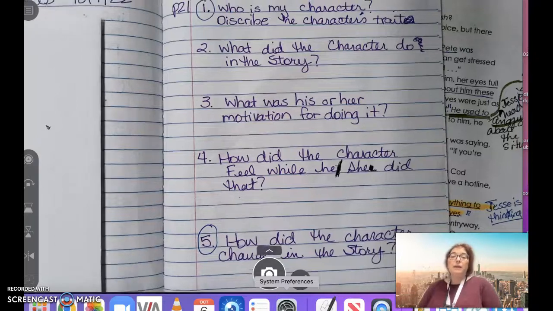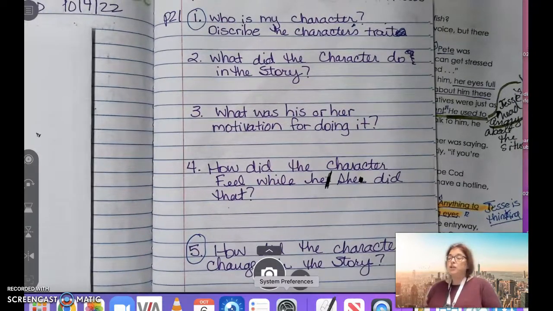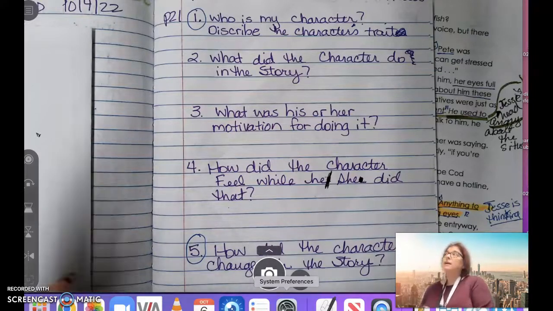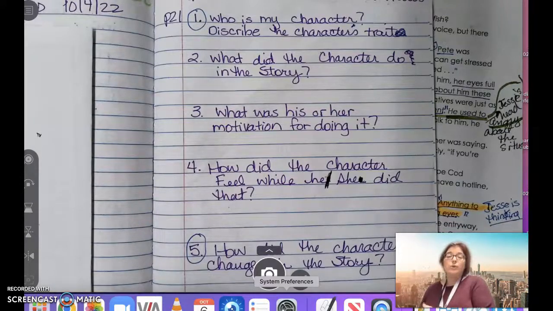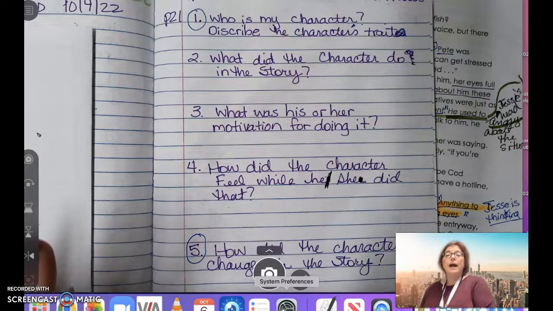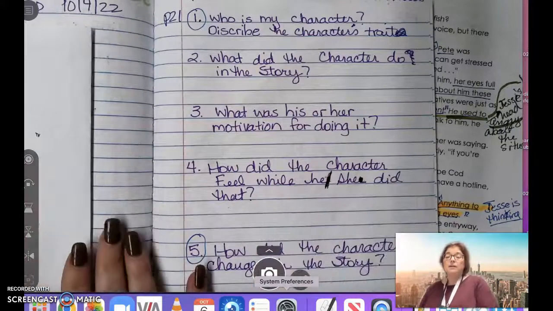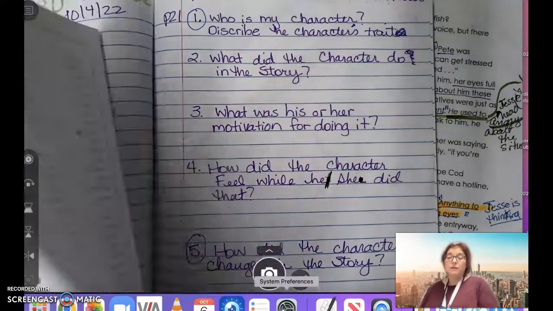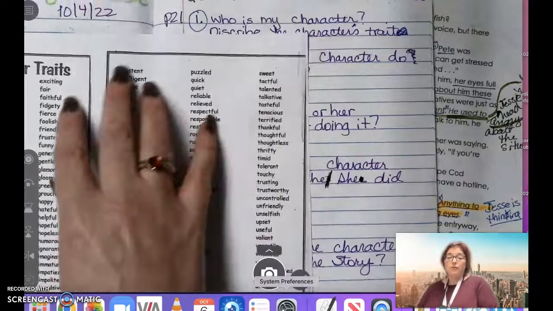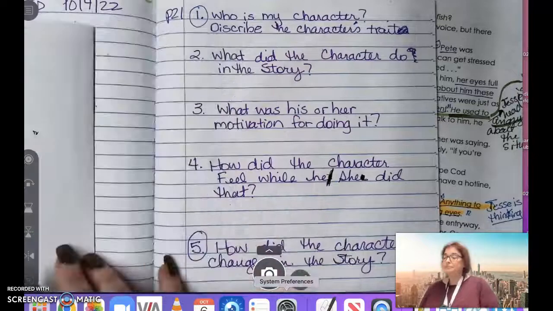Well, thinking deeply about your character is you are going to go into that short story, and I'm going to teach you how to go into the short story and look at the details in that story to figure out what traits are described for your character, okay?